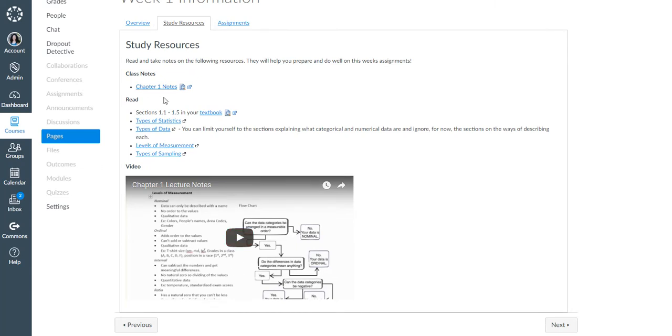I would recommend printing off the chapter 1 notes and following along with my video, so you can take notes as you watch, because I don't put everything on the class notes. In some places there are blank spaces that you can fill in while watching the video. That's why it's important to download the notes and watch the video.